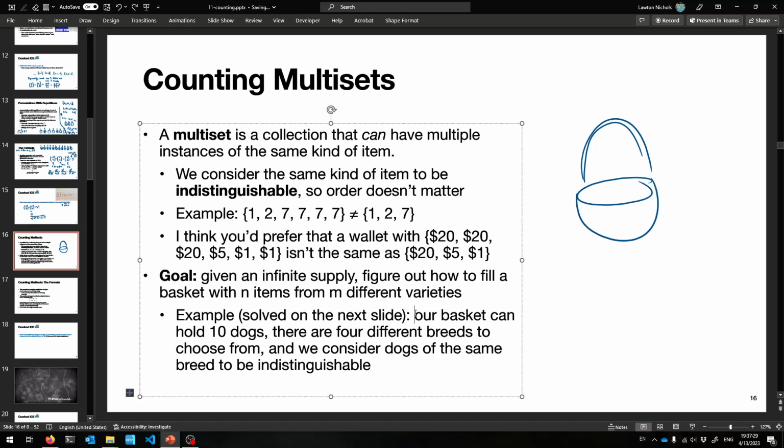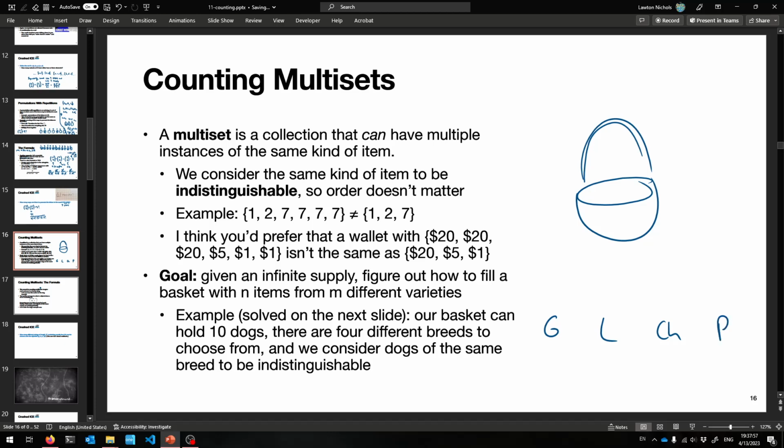Let's say that our basket, we can put dogs in our basket, and there are 4 breeds of dogs to choose from, and we can pick as many as we want of each. You can pick 10 golden retrievers if you want, but you've got to pick 10 dogs from these 4 different breeds: Golden Retriever, Labrador Retriever, Chihuahua, and Poodle.